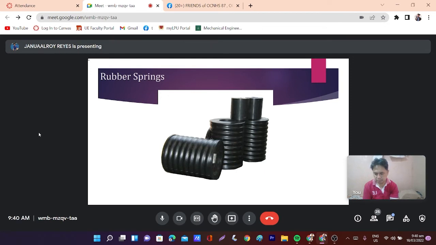Rubber springs are a long-lasting, maintenance-free option with a variety of applications and suspension systems, including trailers, off-road vehicles, construction equipment, and agricultural equipment. It can be used as a bushing, spacer, or a stopper.